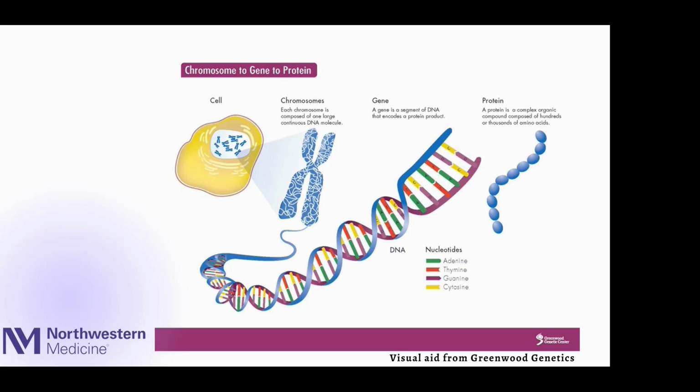Within those cells, we have chromosomes, which are essentially our packages of DNA that make up our genes. If we were to unravel that package, which you can see towards the middle of that visual, we would find a long string of DNA that essentially acts as our instruction manual or blueprint.